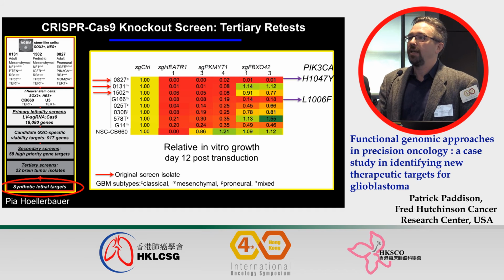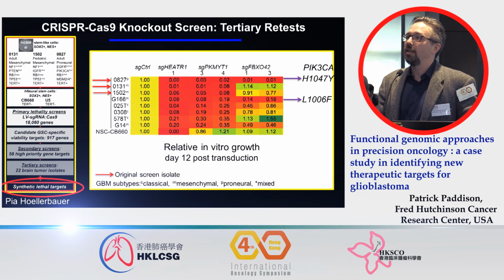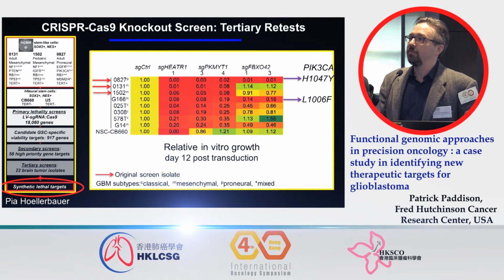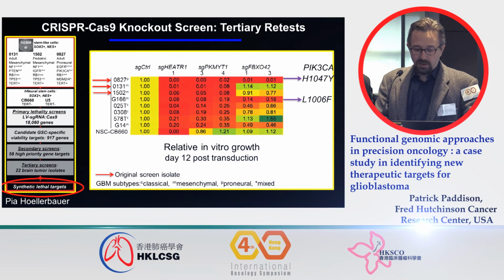In the case of PKMYT1, a WEE1 kinase, we found that it's generally lethal in our GBM stem-like cells, but over here, this gene FBXO42, an E3 ubiquitin ligase, seems to segregate with activating mutations in PIK3CA. So that could be pretty cool, and we're currently pursuing that.